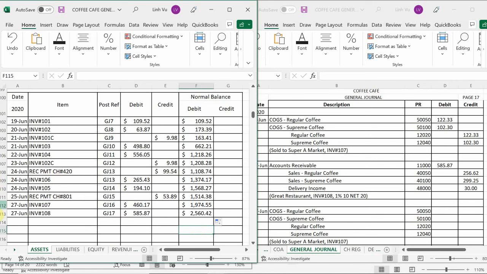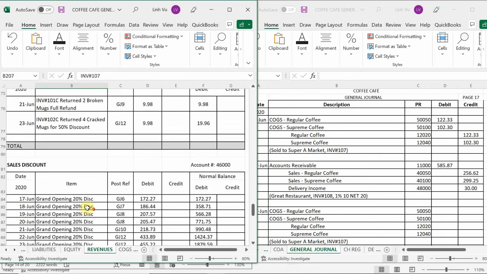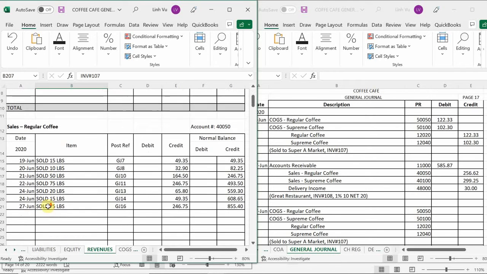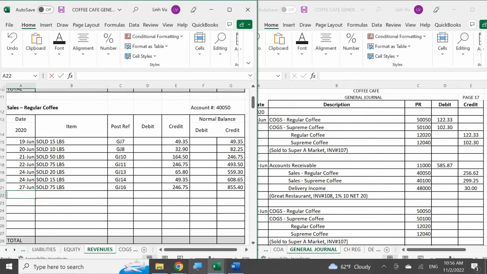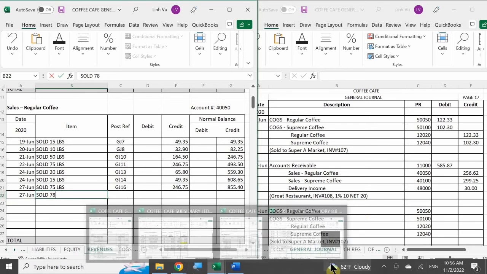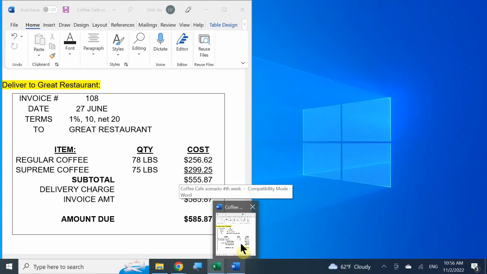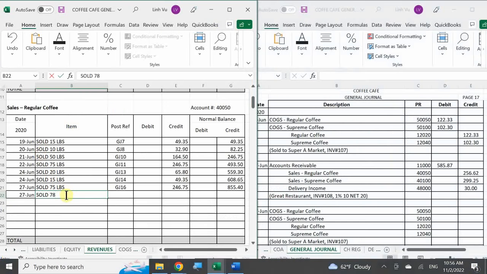We got to update our revenues. Okay. For our regular coffee, we sold 75. I believe this one is 78 pounds. Let's see. 78 pounds of regular coffee. Okay.